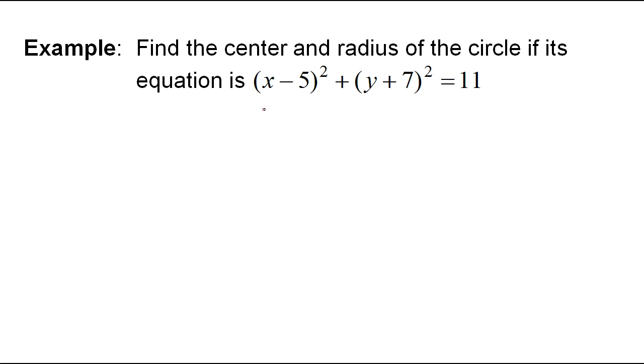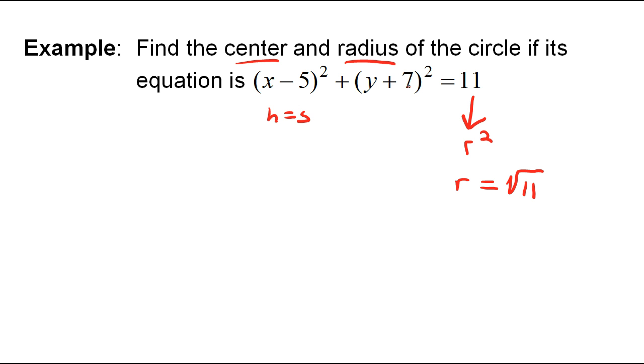Okay, let's look at this example. I want the center and the radius of this circle. Now, radius, let's do that one first. This is r squared, which means the radius must be the square root of 11, which would be somewhere between 3 and 4. Alright, now, remember that this is x minus h, so that means h must be 5.